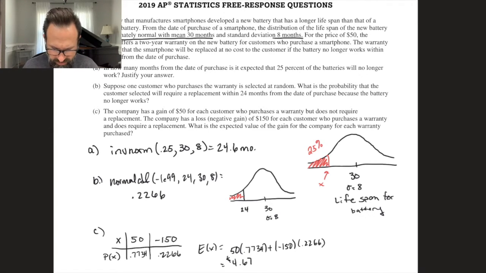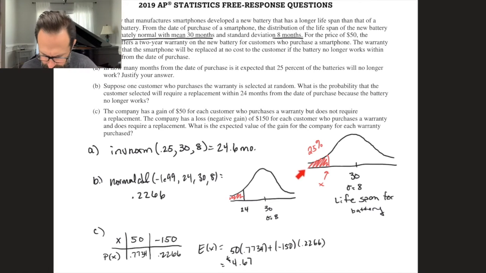That's true. Part A says that in how many months from the date of purchase is it expected that 25% of the batteries will no longer work. They told us that the average batteries last about 30 months and that the standard deviation for that is 8 months. And so I'd like to know, if I were to shade in that bottom, what's the number that marks off that bottom 25%?